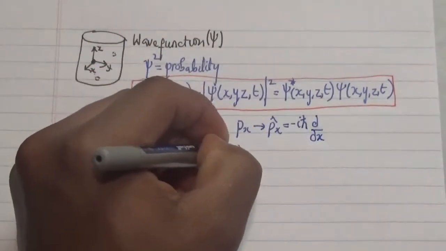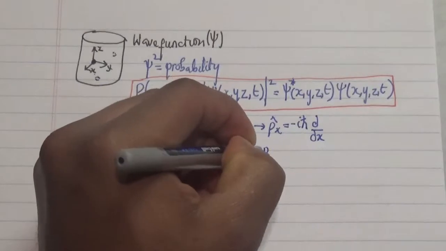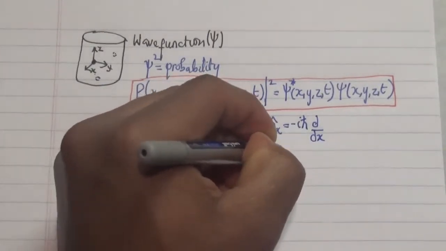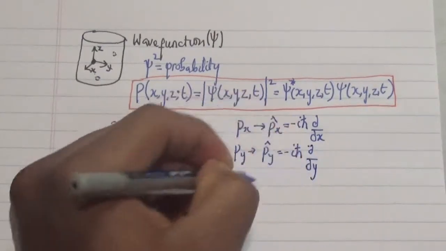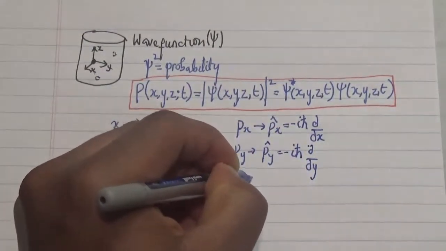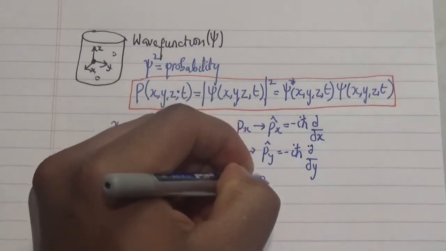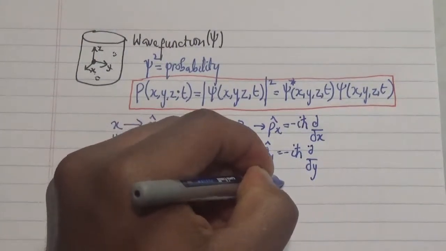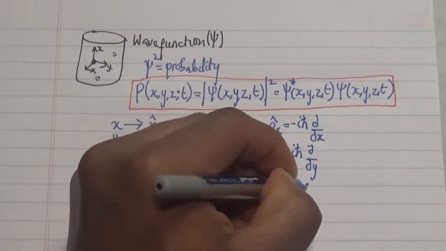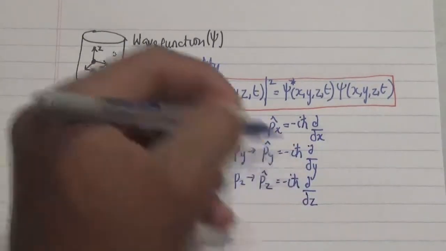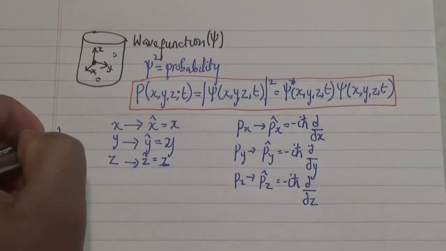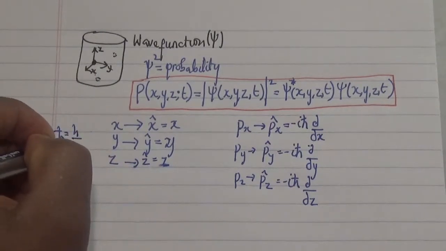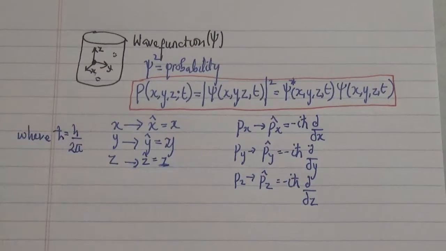The same thing is applied to our y, and the same thing is applied to our z. Let's just put it where h bar equals h, or Planck's constant, over 2 pi.